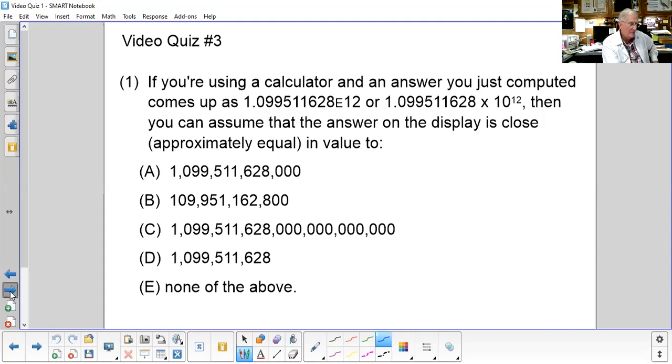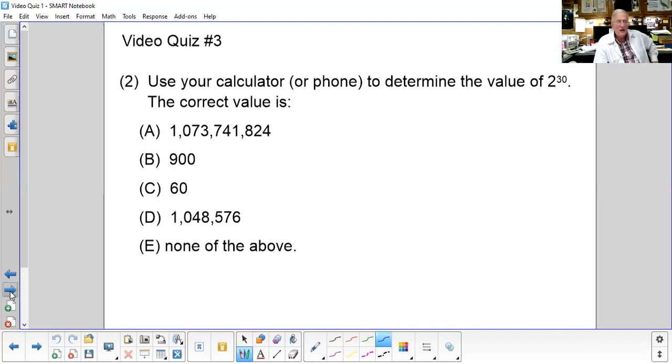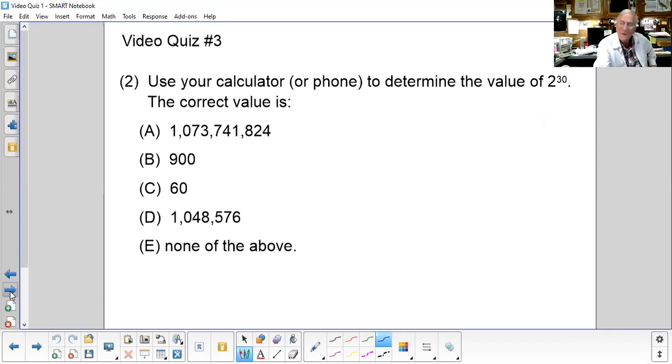Okay, let's go on. Use your calculator or your phone to determine, I believe it's 2 to the 30th. 2 to the 30th power, okay? Let me give you a hint in case you've forgotten.